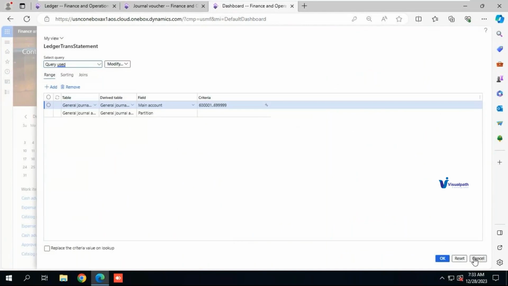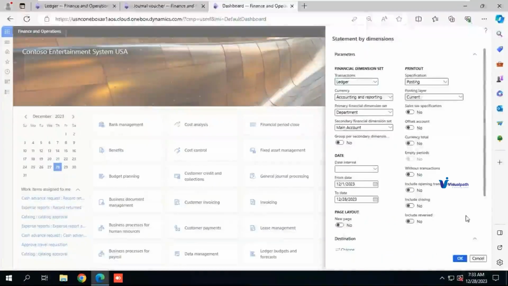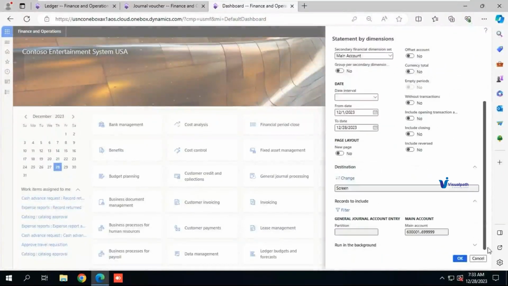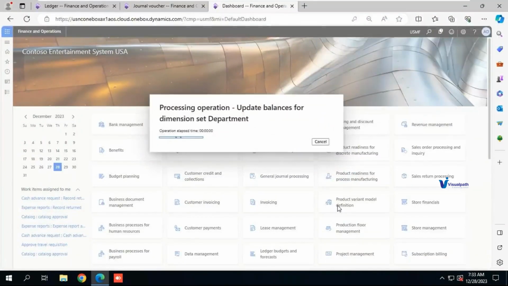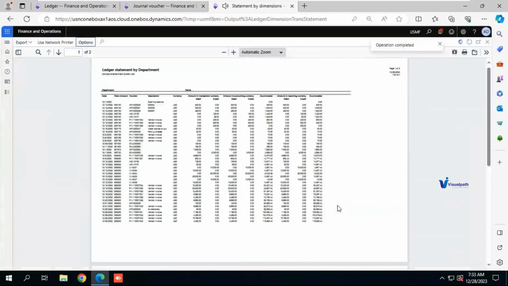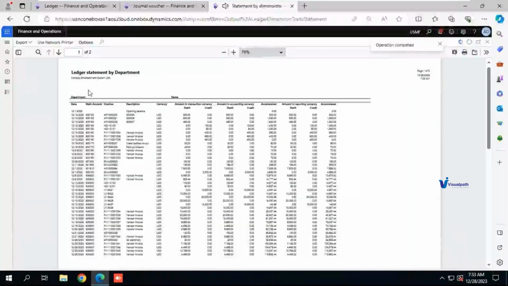Otherwise, let me execute for all. No problem. Let me execute for all. From 600 to this one. Okay, so here, this is without any department, the expenditure without any department.